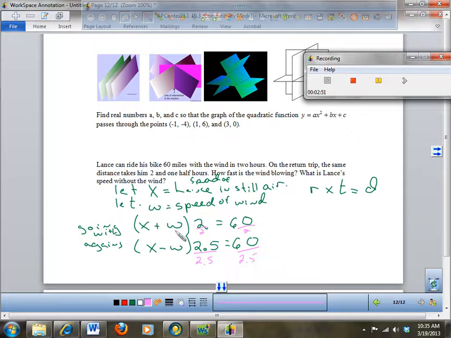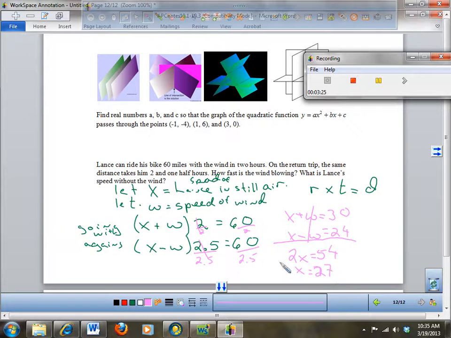Nicely, the first equation turns into x plus w equals 30, and the second turns into x minus w equals 24. Now it becomes much easier. Add those two equations together, the elimination method: 2x equals 54, so x equals 27.